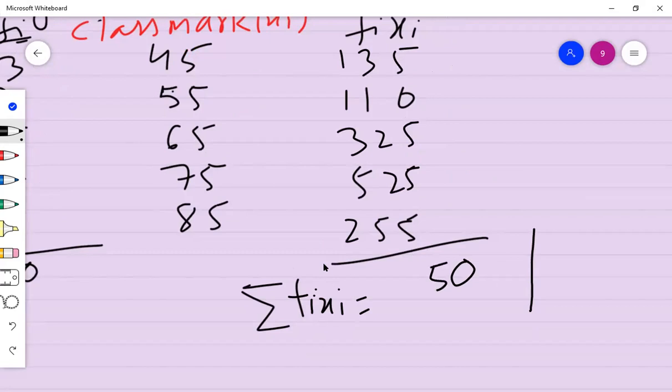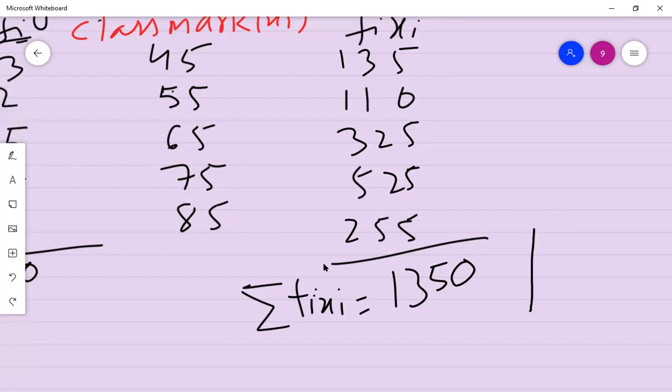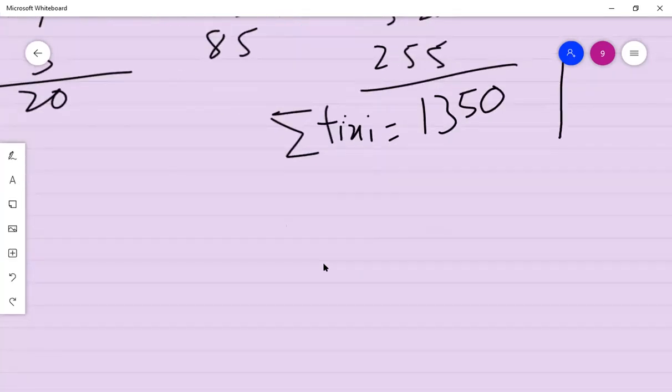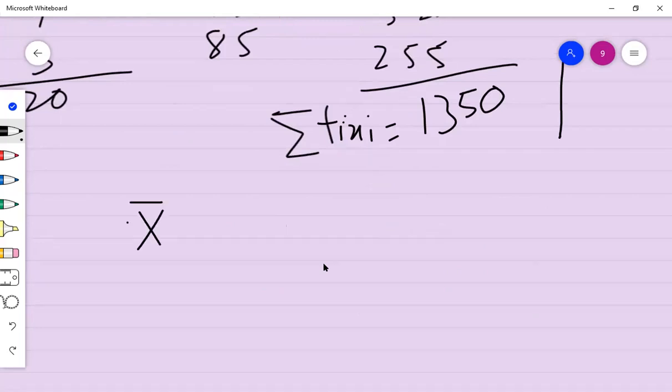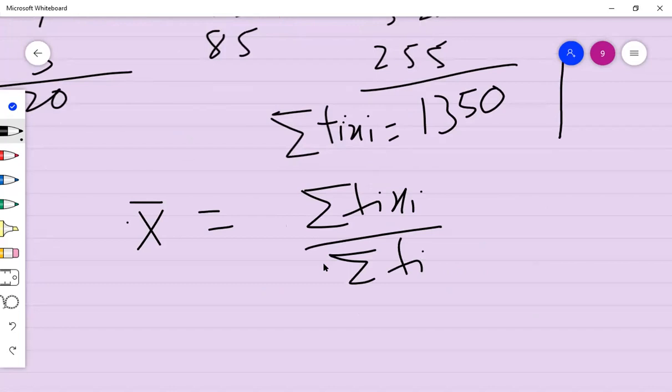So total sigma fi xi is the sum of all these, divided by the total number. So the mean for grouped data is sigma fi xi upon sigma fi, which is 1350, and sigma fi is the total number, that was 20.